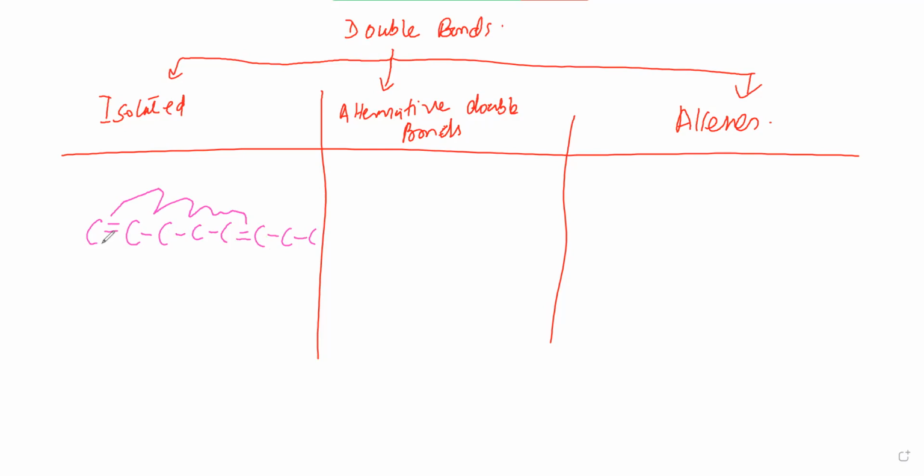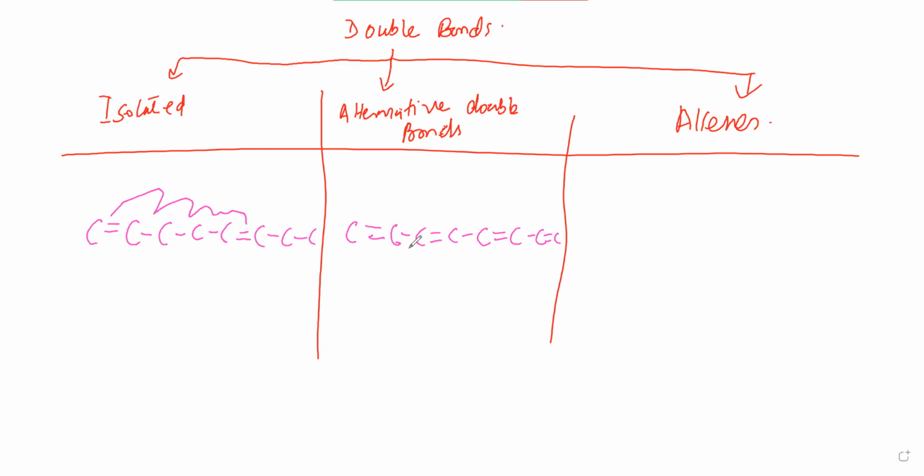So when we have double bonds far away from each other, that's called isolated double bonds.